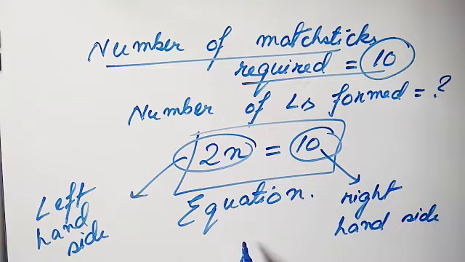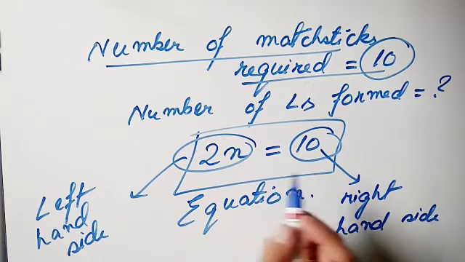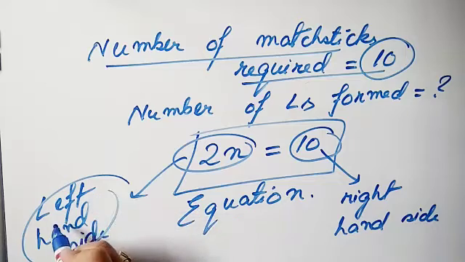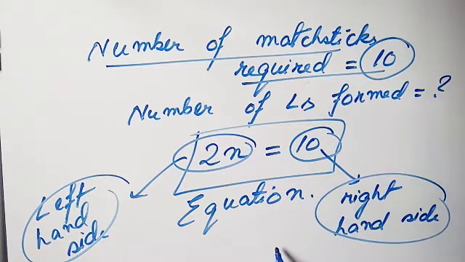Understood? So I'll repeat again. An equation is just a mathematical statement that proves that the two things are equal, and the two things, the value on the left hand side and the value on the right hand side, are equal. Understood?